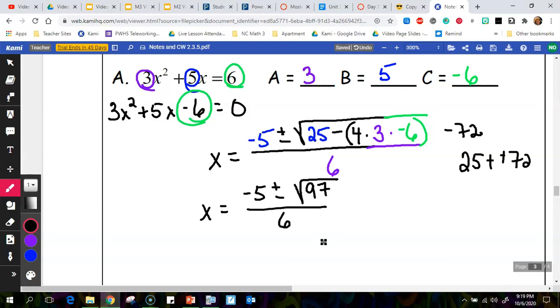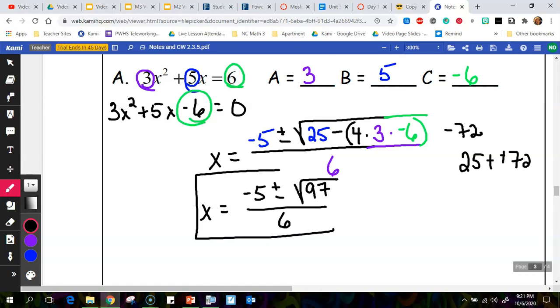I'm trying to think of anything that goes into 97. There's nothing. Yeah, I think that's the answer right there. So negative 5 plus or minus the square root of 97 over 6. I really can't figure out why they would even put a problem like this on here, but this is the answer.